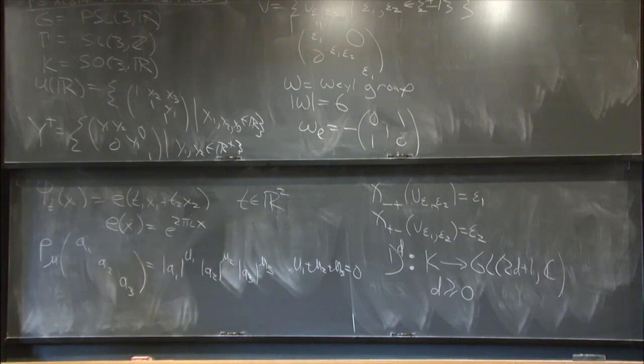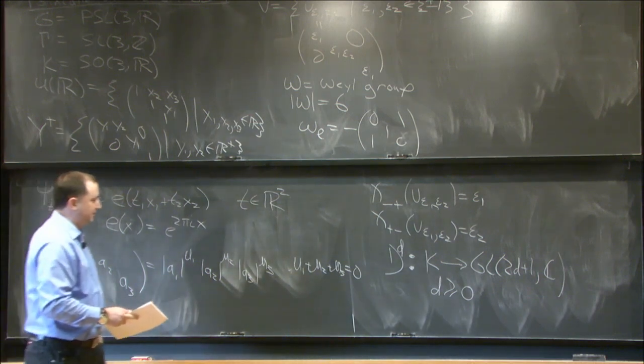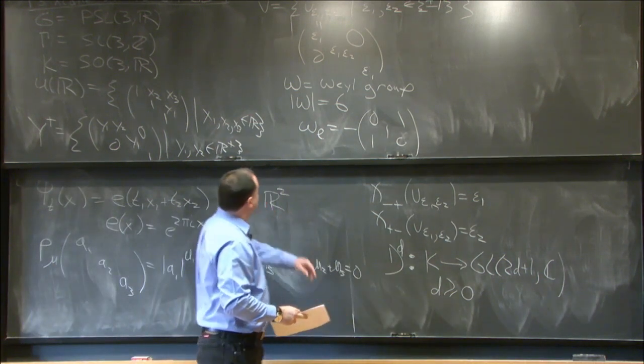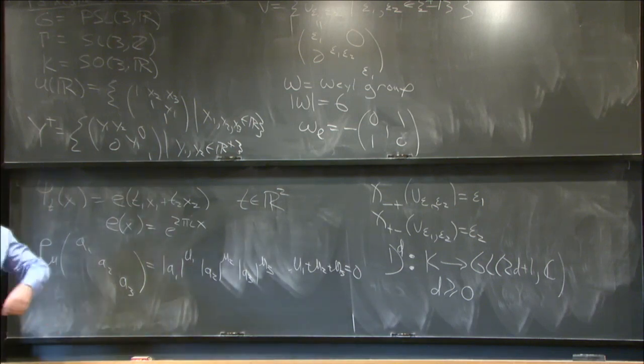I'm not going to care too much about the contents of those matrices, but this is well known. SO3R is the space of rotations in 3 dimensions, so physicists have studied these things in great detail, and I don't need to repeat those.